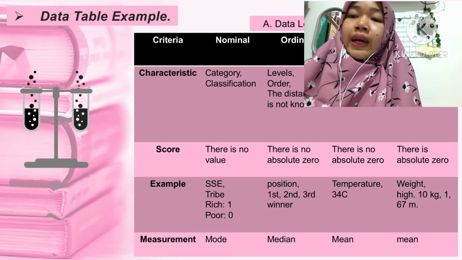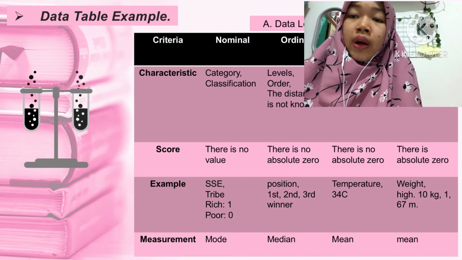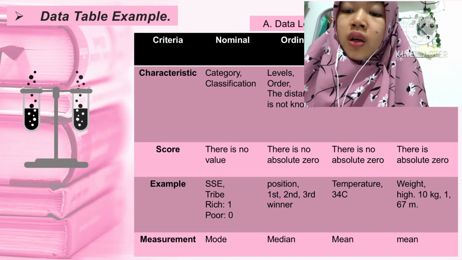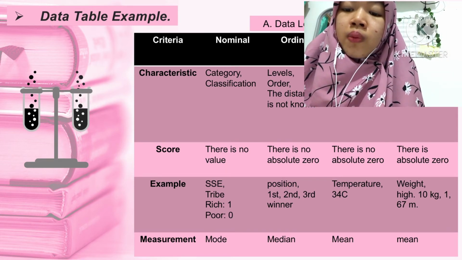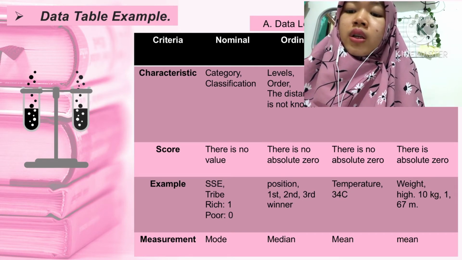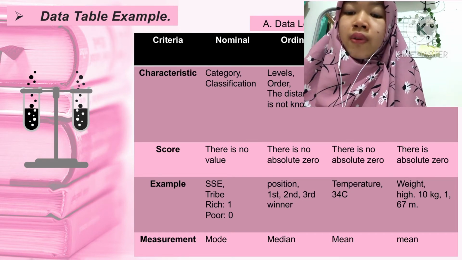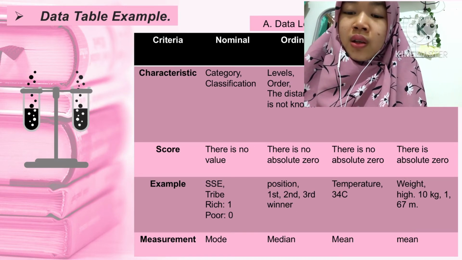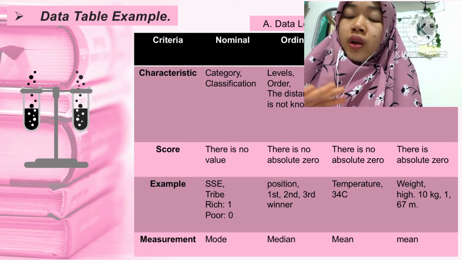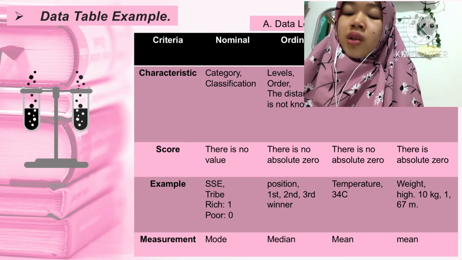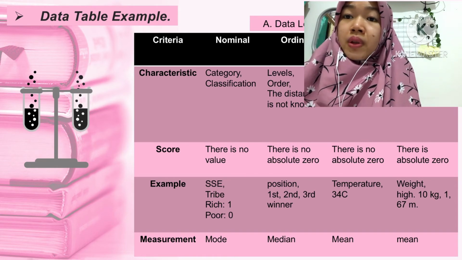On the next slide, it is a summary of all the examples that I have just told you. There are four types, right? Nominal, ordinal, interval, and ratio, and I divided them by criteria into four groups also: characteristic, score, example, and measurement.